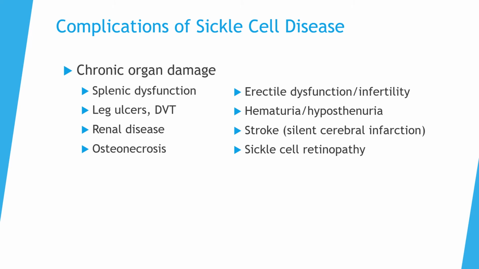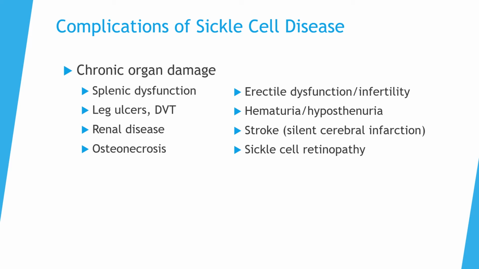Chronic organ damage from this disease includes the spleen and the extremities, forming leg ulcers and even DVTs, which is deep vein thrombosis, renal disease, osteonecrosis, and erectile dysfunction or infertility.